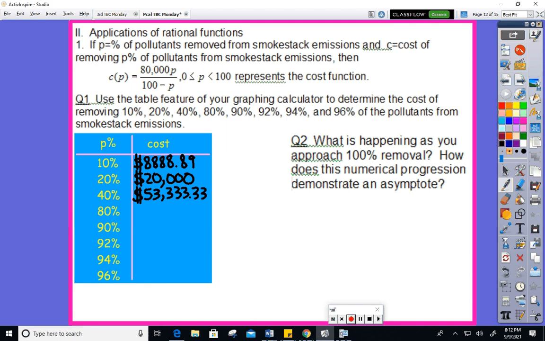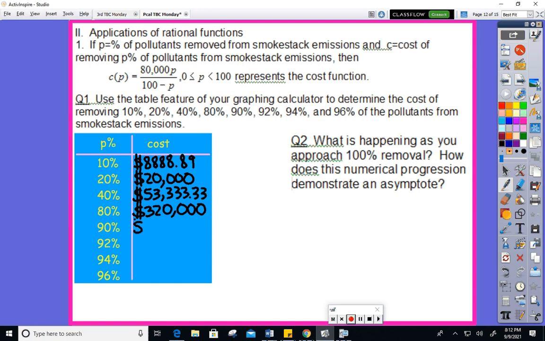So that shoots my price up to $53,000. Now if I double and I get 80% clean air in my smokestack emissions, I'm way more than doubling. So the more perfect the air quality is, the more expensive by far it gets.